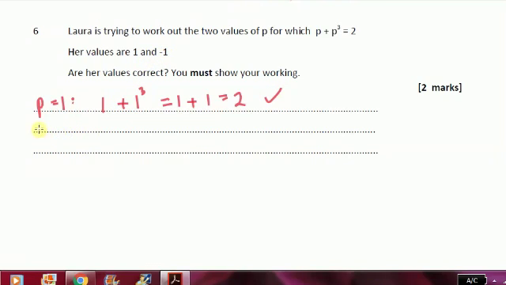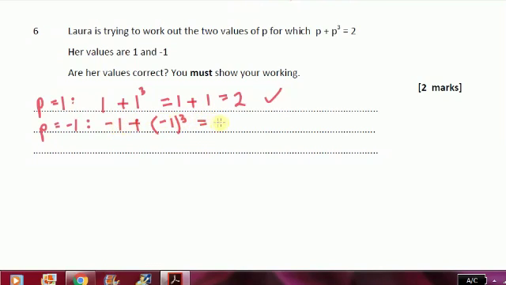Now what about when p is -1? Let's try that. Here we'd have p, which is -1, plus p cubed, which is -1 cubed. Take care with your signs here.